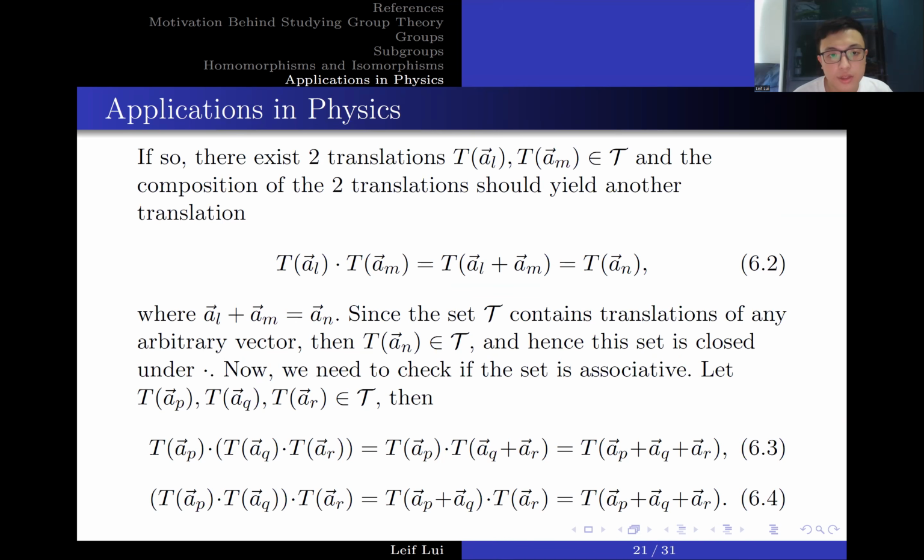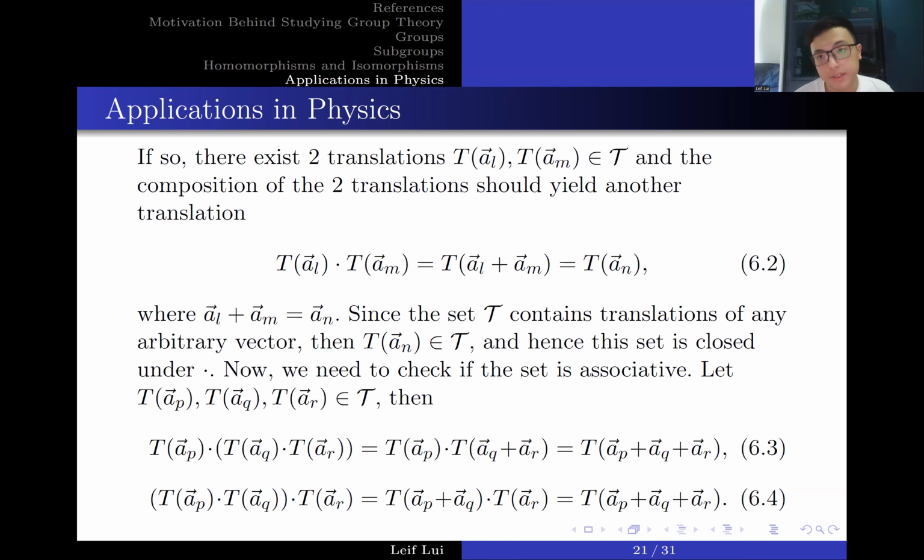So T(a_l) · T(a_m) is equal to T(a_l + a_m), which is some other vector a_n. So let's say a_l + a_m is equal to a_n. And since T contains the translation of any arbitrary vector, T(a_n) is in the set T. Hence, this is closed under the composition operator.